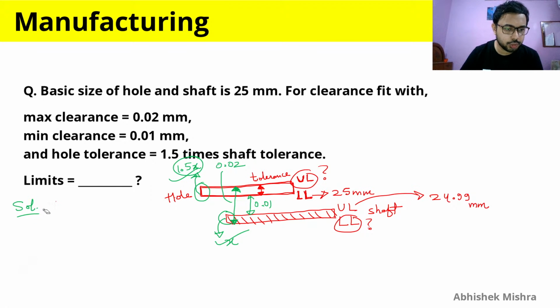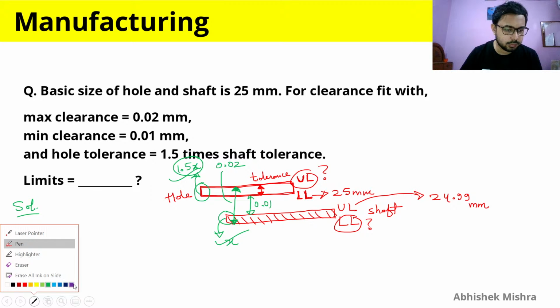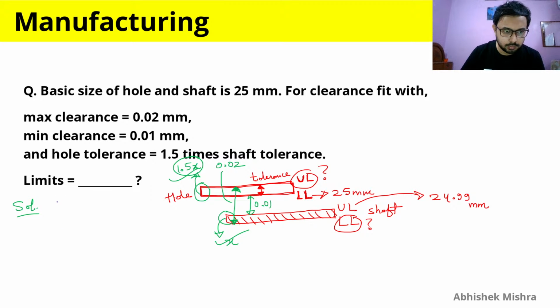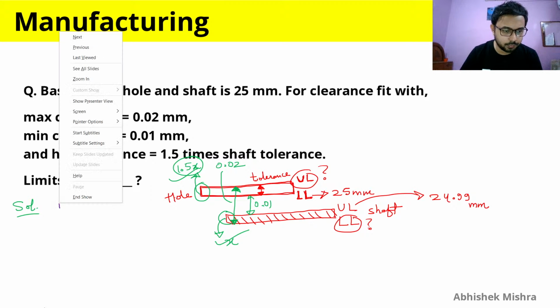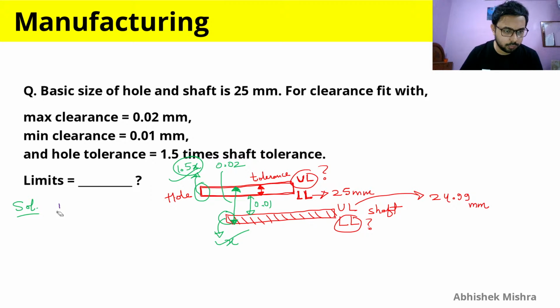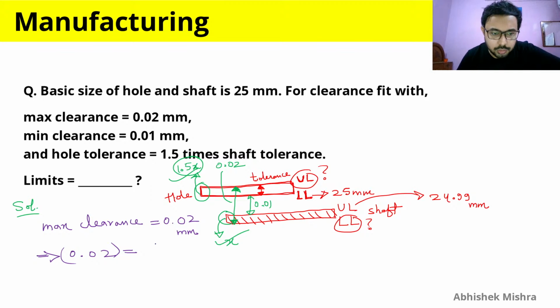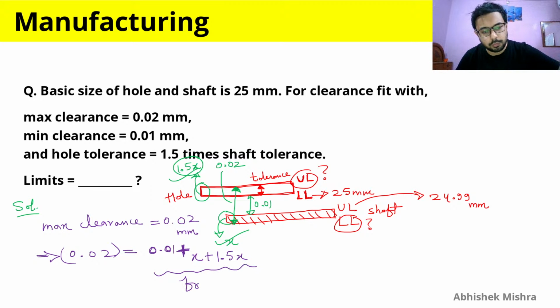From the question what we can see here is that our maximum clearance is equal to 0.02 mm, and this 0.02 mm from the figure we can see as 0.01, that is the minimum clearance, plus x plus 1.5x, from the figure above.